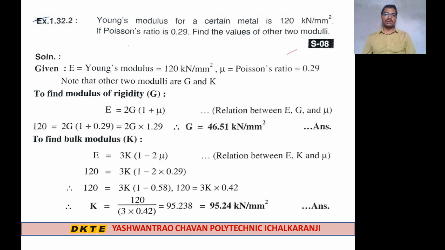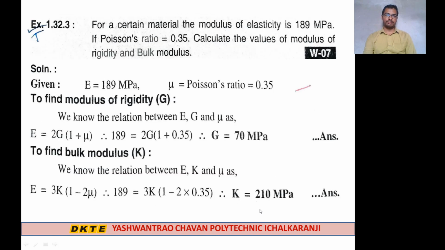Similarly, use the relation between Young's modulus and bulk modulus, that is E is equal to 3K into bracket 1 minus 2 mu. Put the value of E 120, 3K, 1 minus 2 into 0.29. After solving this equation we will get value of K is equal to 95.24 kilonewton per millimeter square.